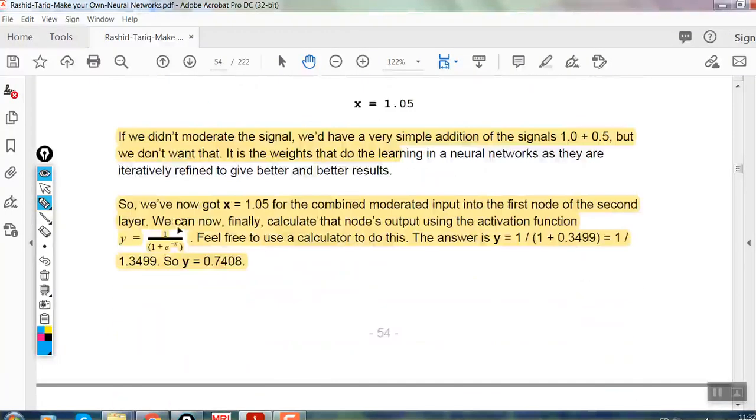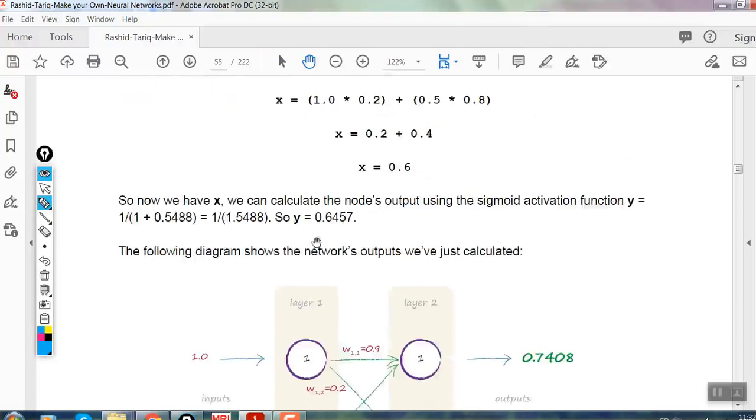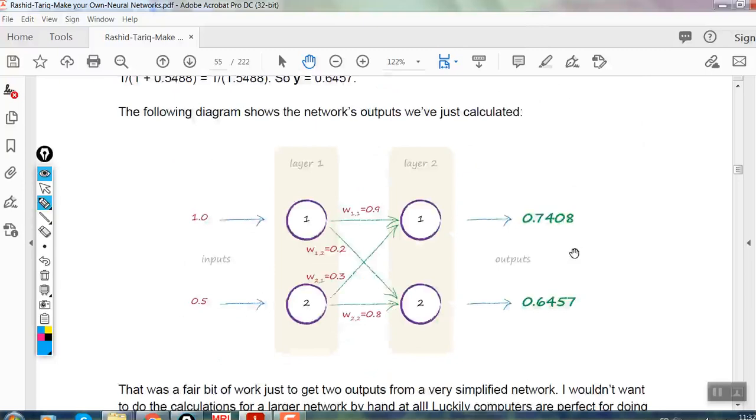Anyway, the first output after passing the sigmoid is this. You can calculate it yourself. This is so simple. And the second is this. Then in this diagram you can see the outputs.